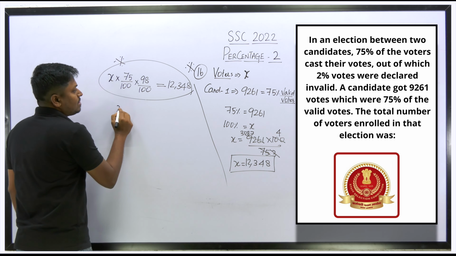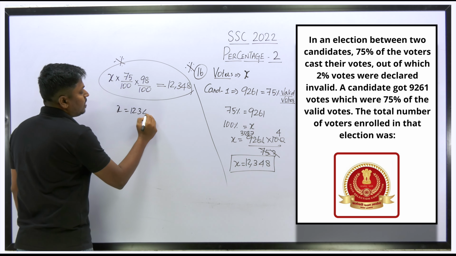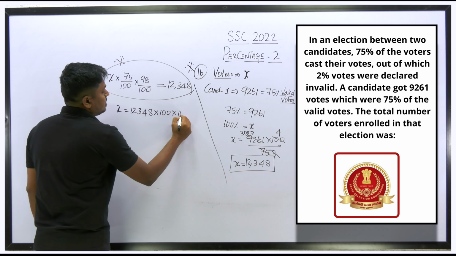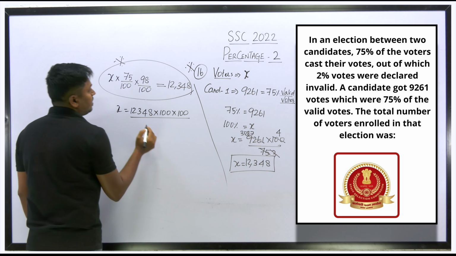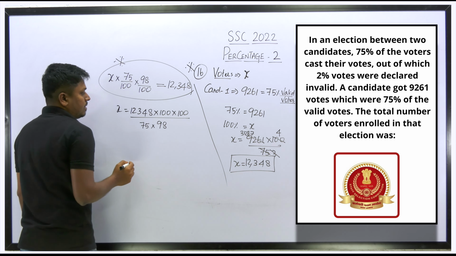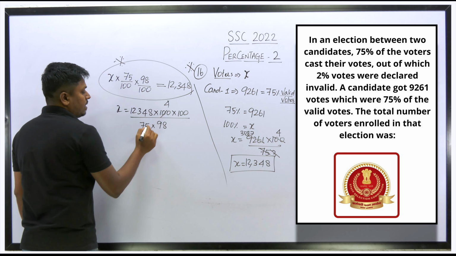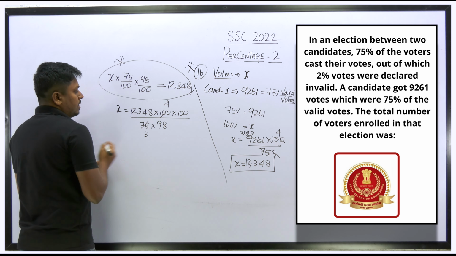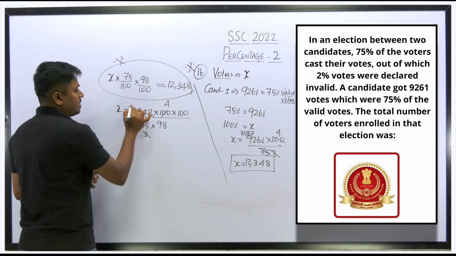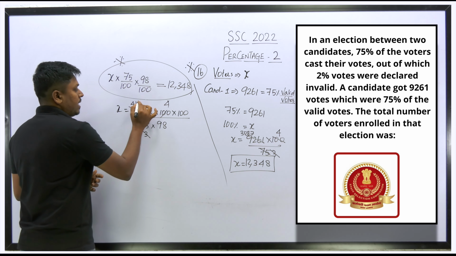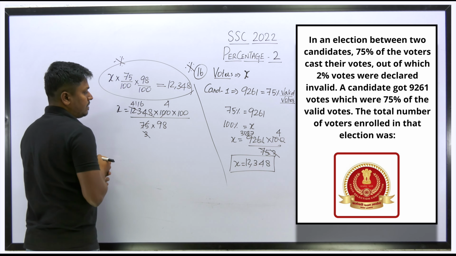Got it? So X is equal to 12,348 into 100, divided by 75 into 98. Yes. So we can cancel again 25 times, so this becomes 3 times here. So we can cancel on the 3 table. So this becomes 4, 3 4s are 12. So 1 3 is 3, so again 1 3 is 3. 6 3s are 18.